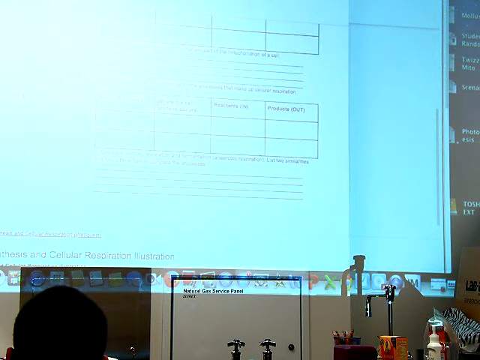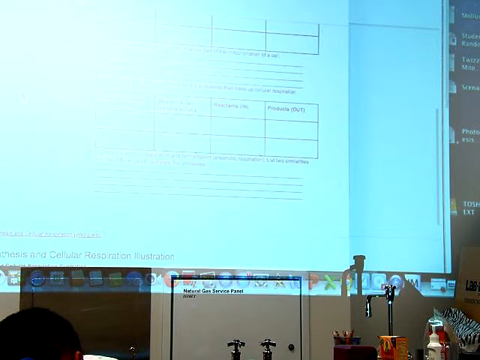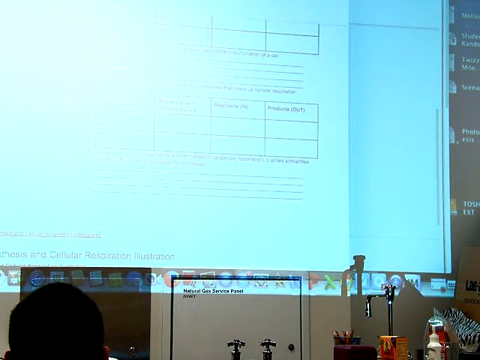Look on your paper. What's present in the other respiration? Pyruvic acid.